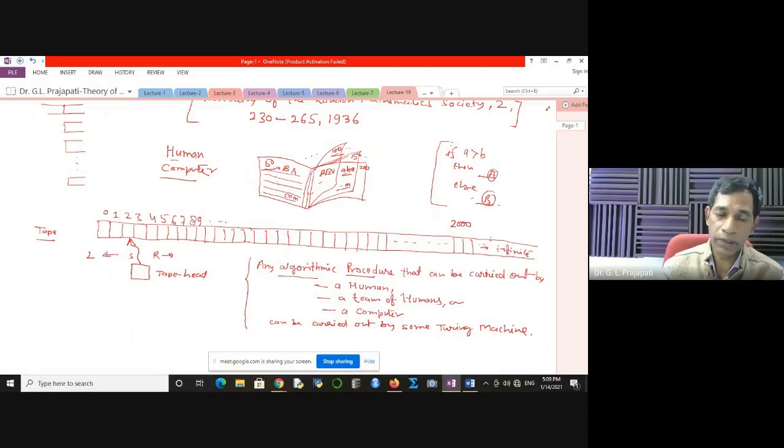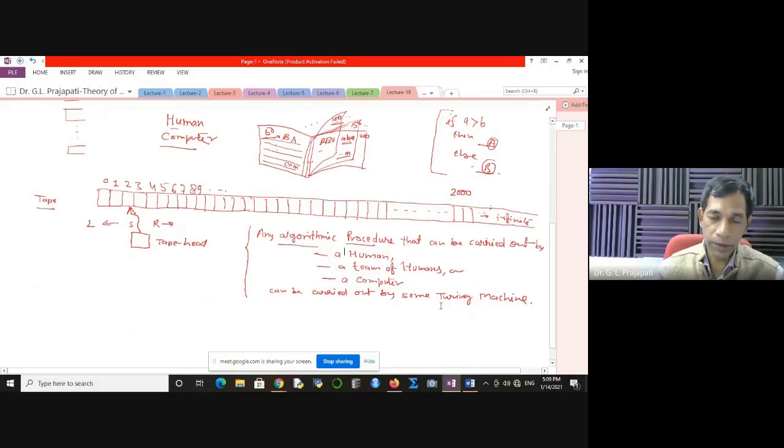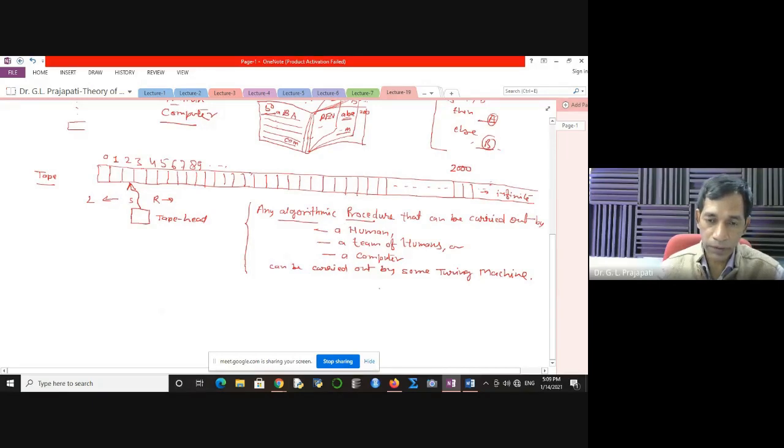There is no more powerful model after the Turing machine, and this is the statement first mentioned by Alonzo Church during the 1930s. In 1936, Alonzo Church gave a statement like this: any algorithmic procedure that can be carried out by a human being, a team of humans, or a computer can be carried out by some Turing machine. The Turing machine was invented during 1936.